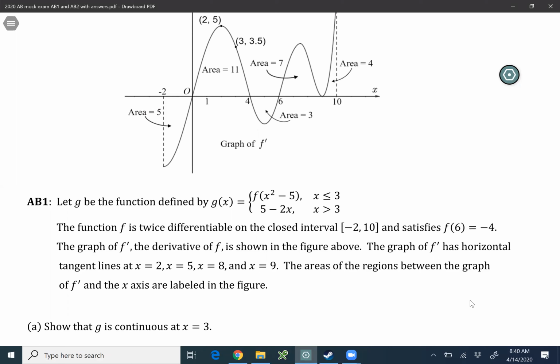It also gives you the graph of F prime. The graph of F prime has horizontal tangent lines at X equals 2, X equals 5, X equals 8, and X equals 9. And the areas are labeled in that figure. So the first thing it asks is to show that G is continuous at X equals 3.